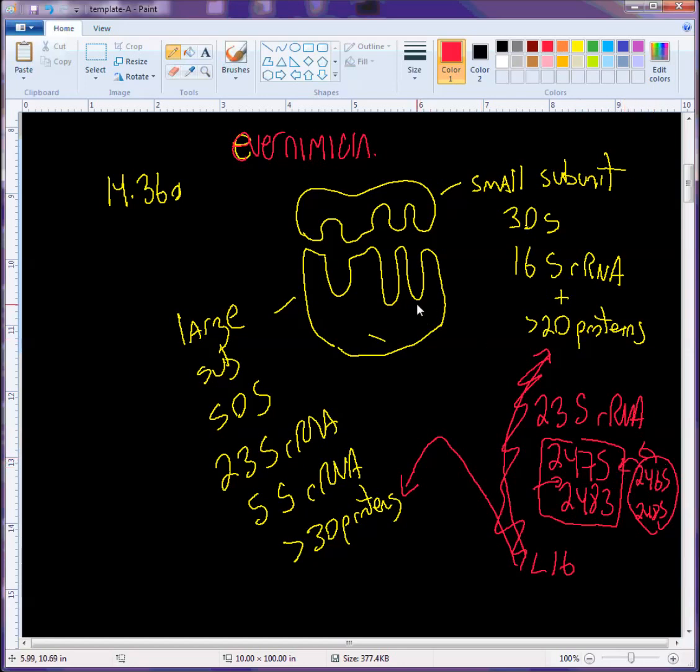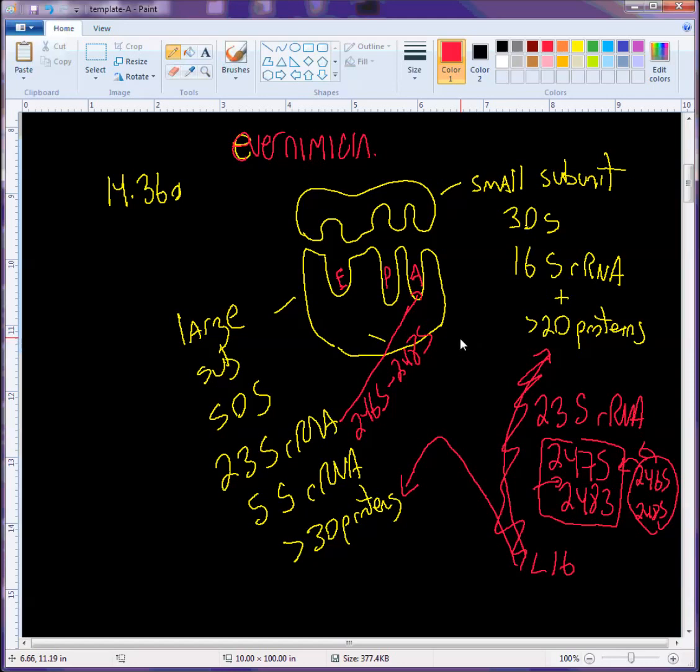I guess the A site, which is here, is partly made up of positions 2465 to 2485 of this 23S ribosomal RNA. And apparently that's where the stem loop of the tRNA binds when it's being loaded in there for translation.